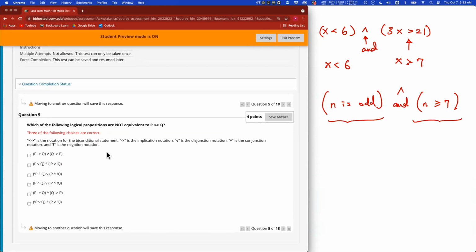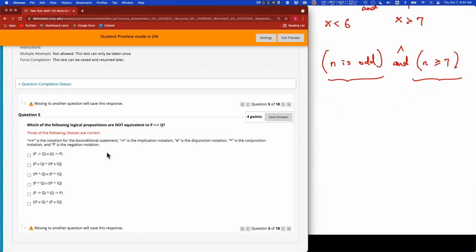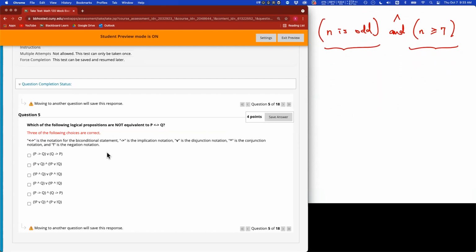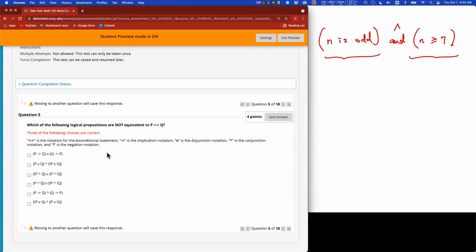Next. Okay, it's asking which of the following logical propositions are not equivalent to P implies Q. Well, if you look at it, P if and only if Q, that means P implies Q, and also Q implies P, right?